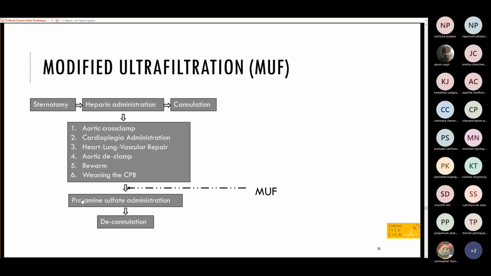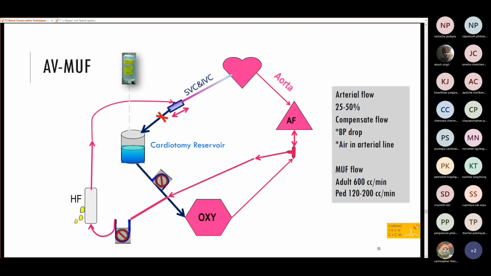Before we start the protamine, some teams prefer to use MUF to filter again and let the excess fluid out. So here is an example of the AV MUF. Imagine that we have stopped the pump, right? So we can now connect another circuit to the patient.